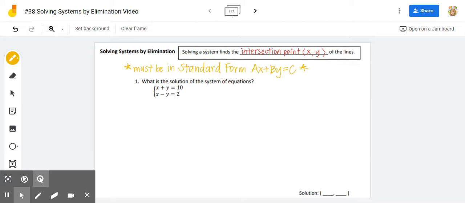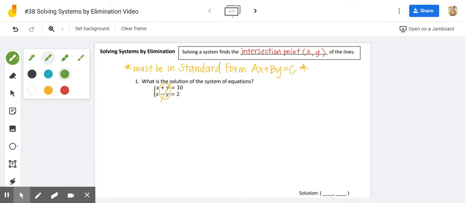When we look at this, x and x are both positive, but I have a positive y and I also have a negative y. That positive-negative pair will end up meaning I have no y's, which eliminates the y variable. Hence why we call this elimination.